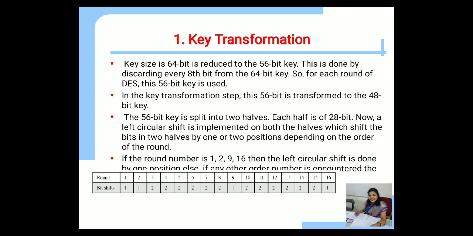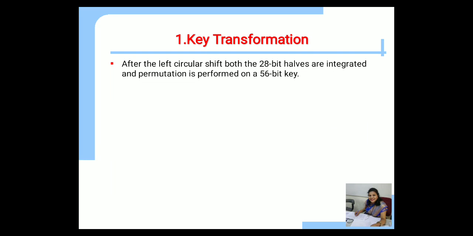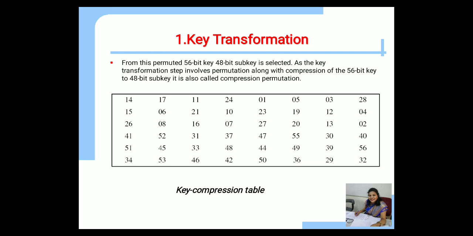If any other round number is encountered, it is done by 2 positions. After the left circular shift, the 28-bit halves are integrated and permutation is performed on the 56 bit.